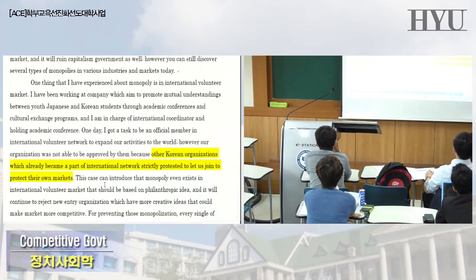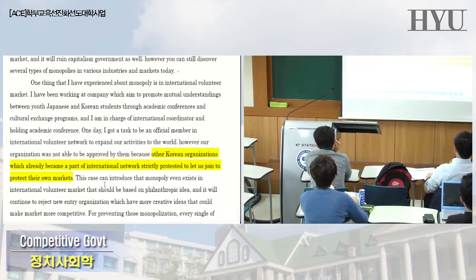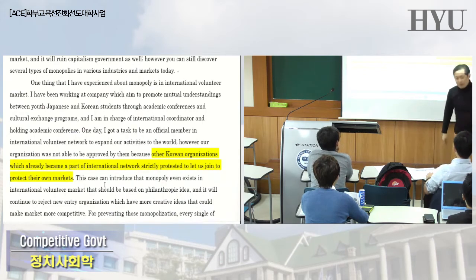This case shows that monopoly even exists in the international volunteer market that should be based on philanthropic ideas, and it will continue to reject new entry organizations which have more creative ideas that could make the market more competitive. Do you understand?